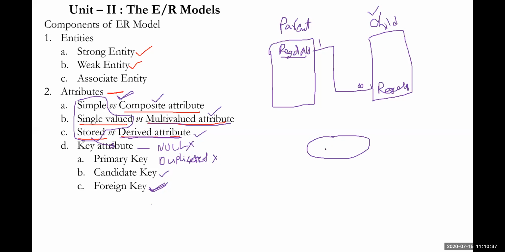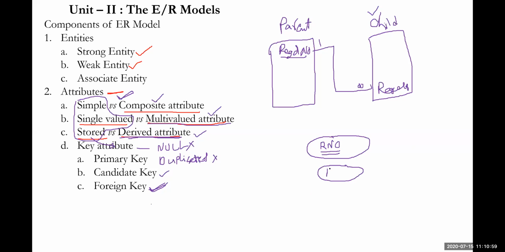However, how could this be drawn in the ER diagrams? Let me specify the register number, and this register number will have a double underline. If you specify a double underline, then that will be considered as a foreign key. In some other textbooks, you may also observe this.